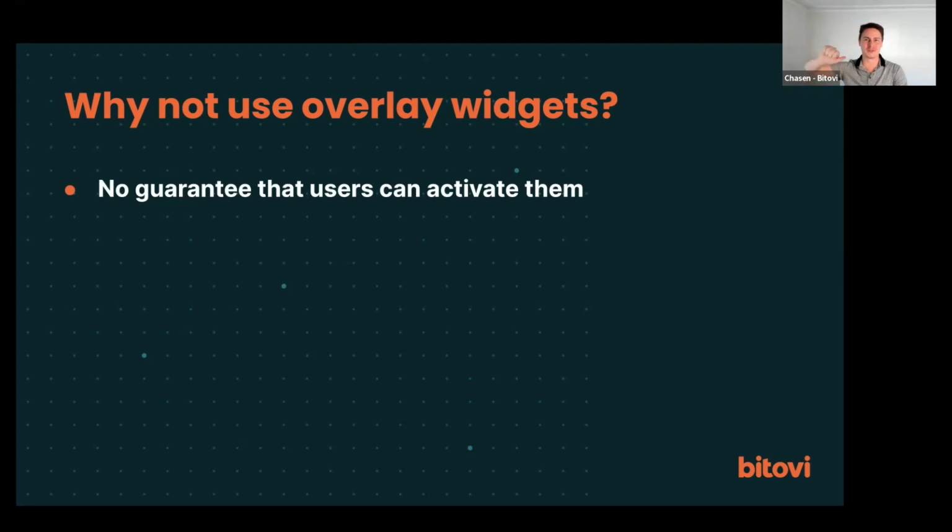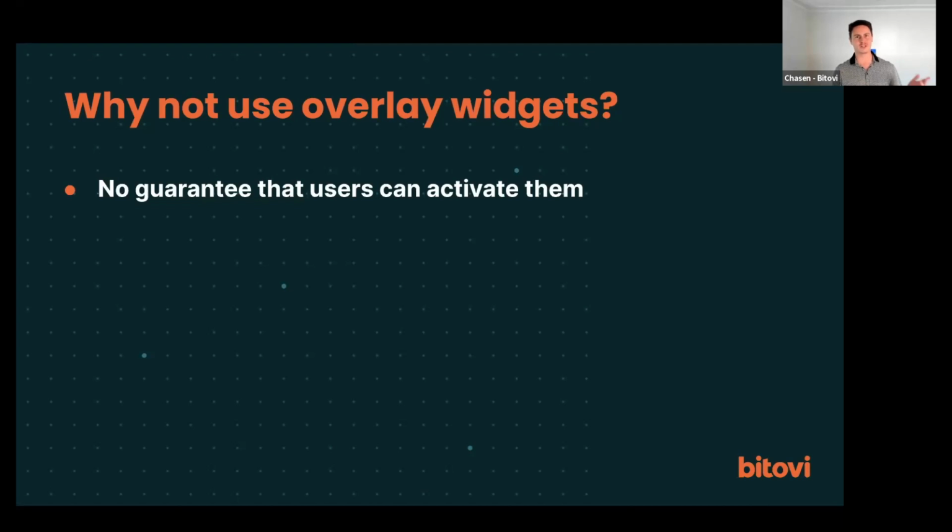So the first problem that I want to talk about is there's no guarantee that users can activate them, right? There's no guarantee that a user would actually be able to reach the button to add the accessibility to the page. The reason for that is if you've got other issues, like a keyboard trap for keyboard nav users, or maybe the widget is the first thing in the page but you've got something else with a higher tab index that's going to receive focus first.